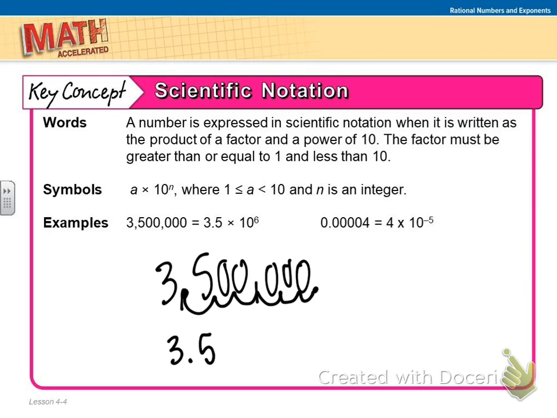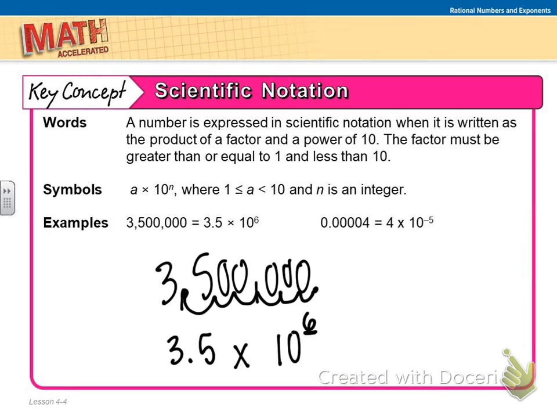I moved it 6 times, right? So I know I have 3.5 times 10, and then we've got to get our integer as our exponent here. Well, we went down to the number, right? And which way do we need to go to get back to this number? We need to go to the right. Well, to go to the right on a number line is to the right of 0, right? So we know that our exponent needs to be positive to tell us to get back to this number. We need to go right. Okay?